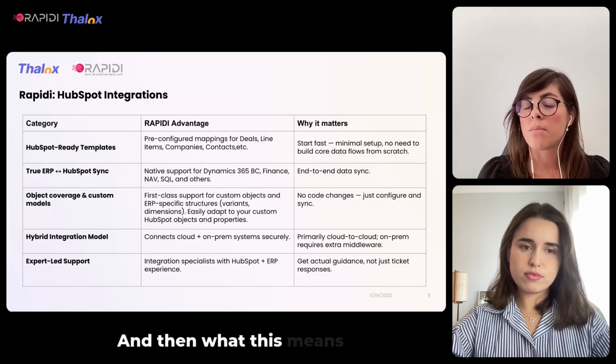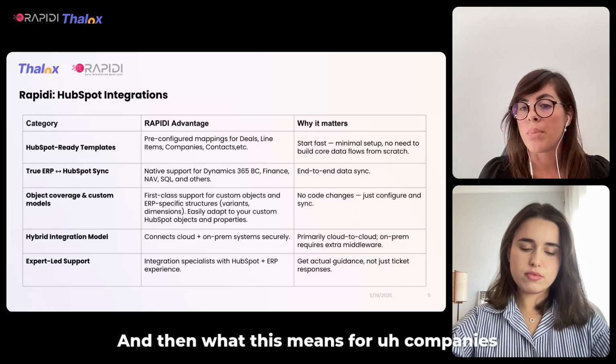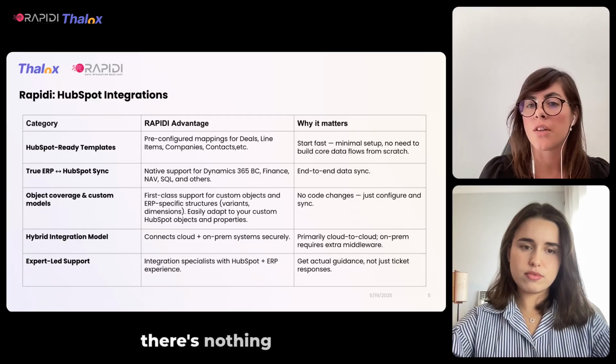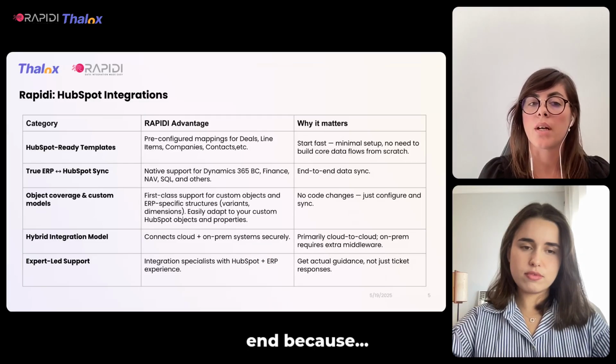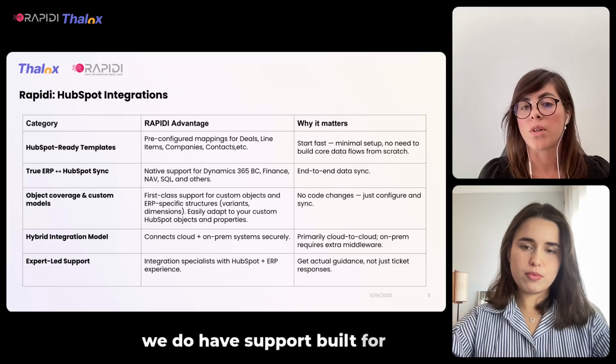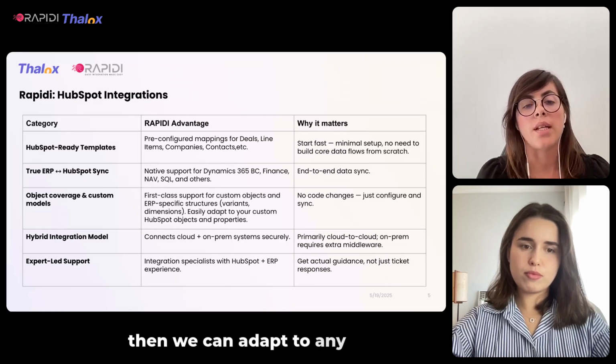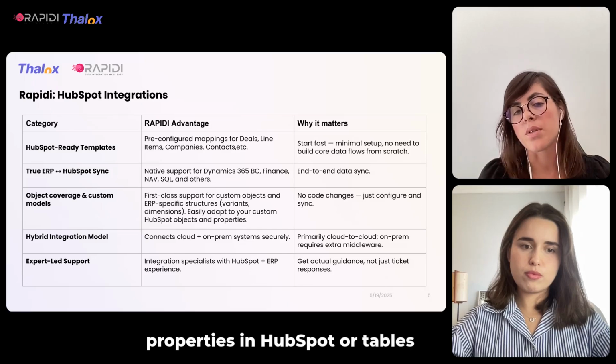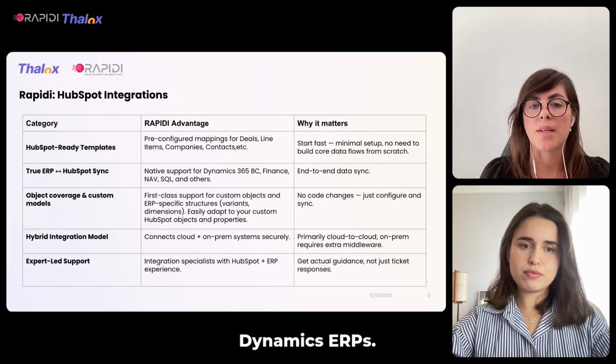And then what this means for companies is that there's no coding required. So there's nothing you need to do on your end because we do have support built for them. And then we can adapt to any custom objects, properties in HubSpot, or tables in the Dynamics ERPs.